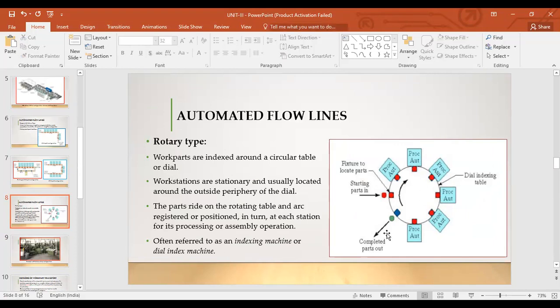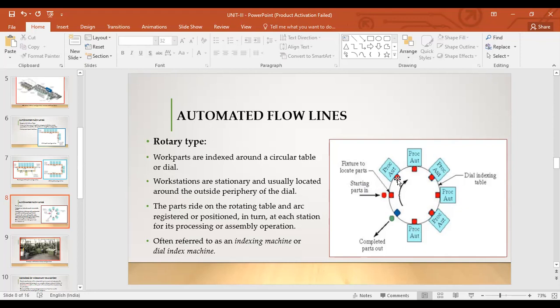So that's what a rotary type of configuration looks like. This table will move, and you have these pallets, and the work parts will be placed on the pallet. The table will take the parts to every workstation, generally.